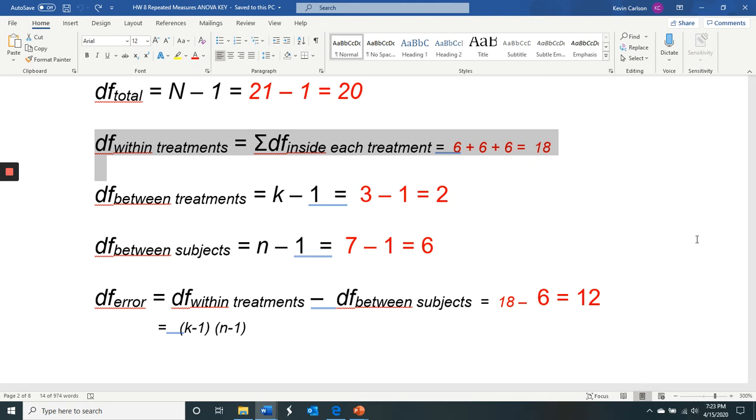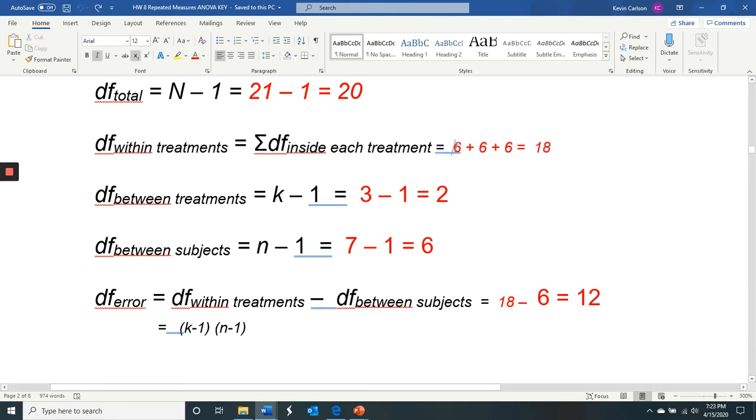So degrees of freedom in each of the moon phases is 7 minus 1. So it's 6. For every single one, we have 7 hospitals. So 7 minus 1, 6 plus 6 plus 6. We have 3 conditions. 6 plus 6 plus 6 is 18. Or you can just take 6 degrees of freedom times 3 conditions is 18. Same thing.